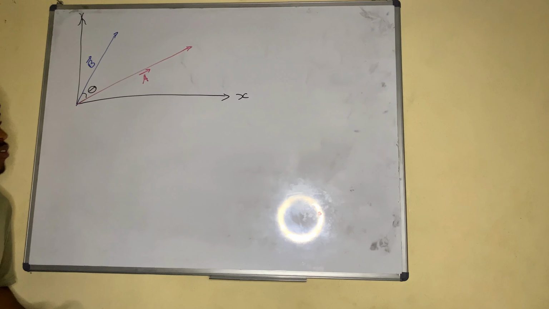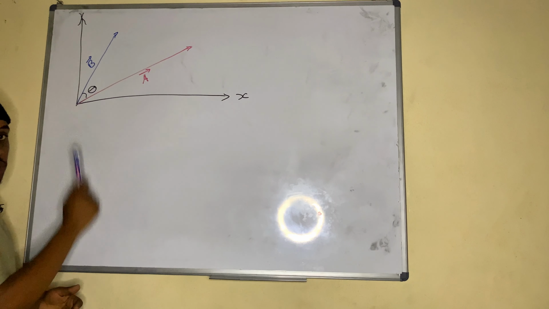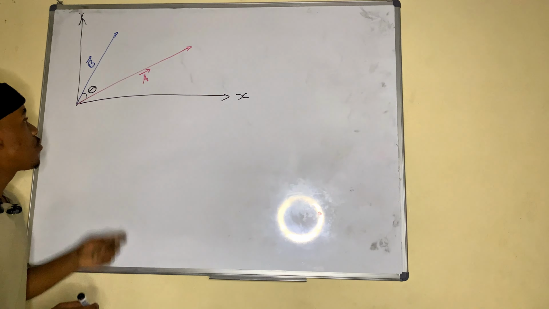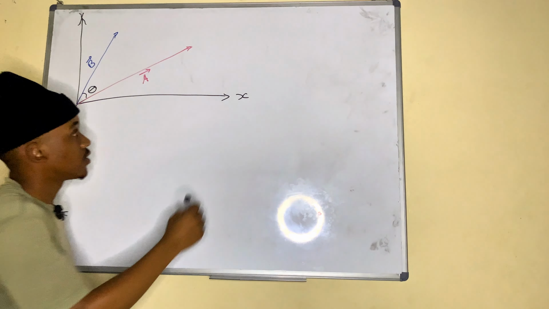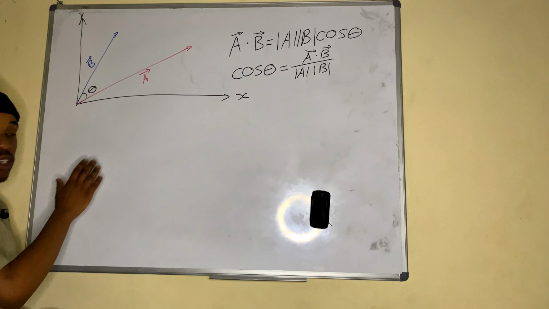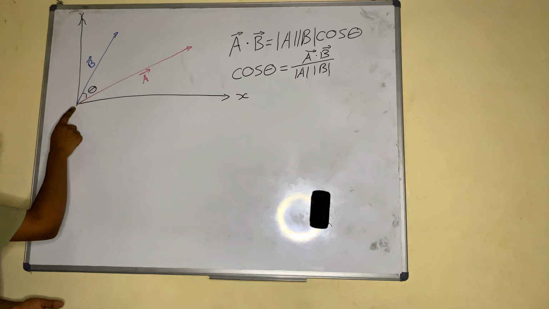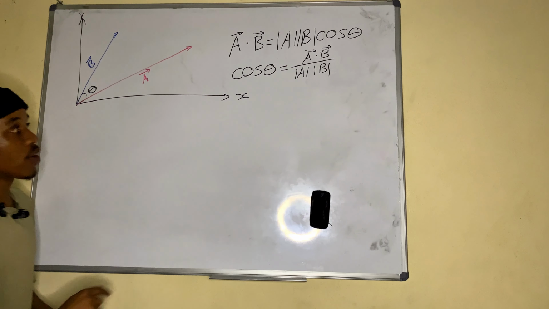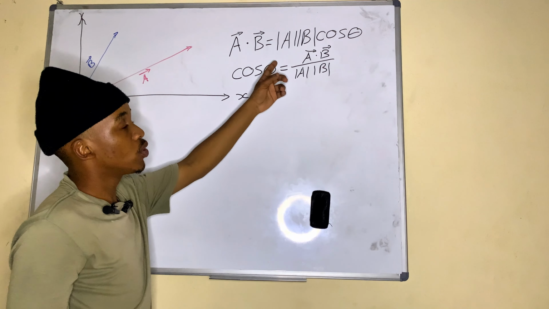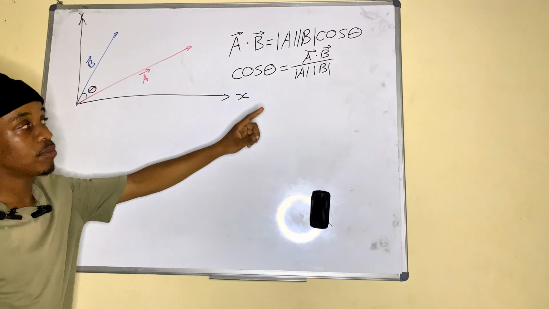Suppose that we have two vectors in the first quadrant, vector A and vector B, such that there's an angle between these two vectors. If we want to find the angle between them, we know that the dot product of A and B equals the magnitude of A multiplied by the magnitude of B multiplied by cos theta.